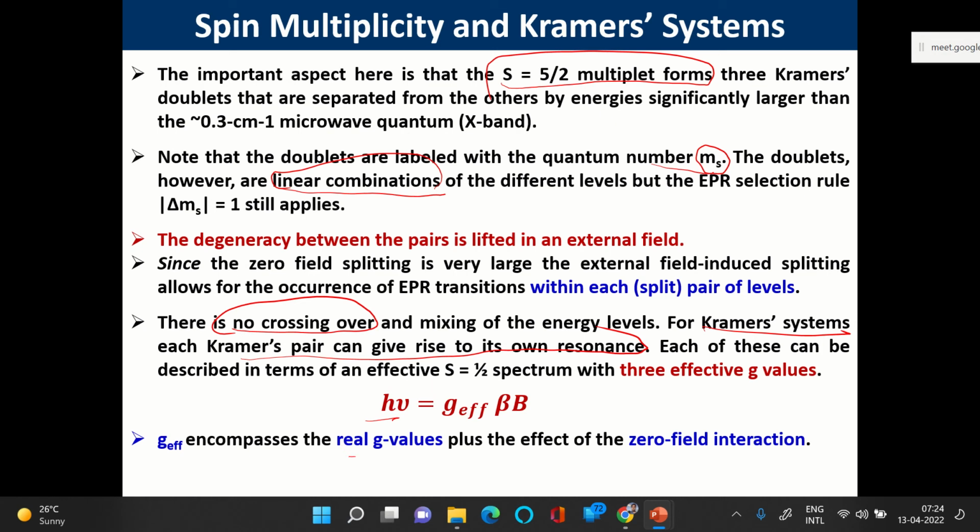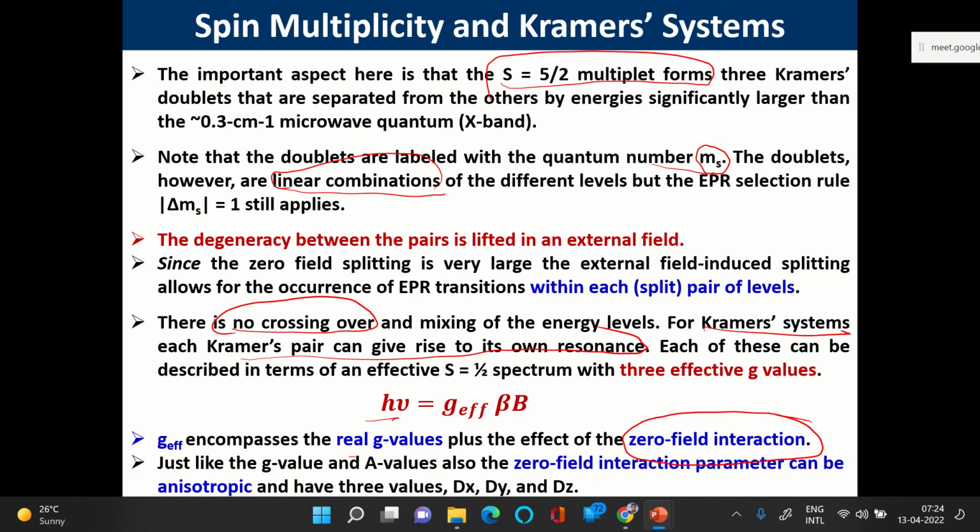So this g effective has all the real g values and the zero field interaction. As discussed in previous classes, we understand g in much detail, with the components parallel, perpendicular, and all that. In addition to that, there is an additional component that gets added, which is the zero field interaction, to give you the g effective. The zero field interaction parameter is just like the g values, which were anisotropic.